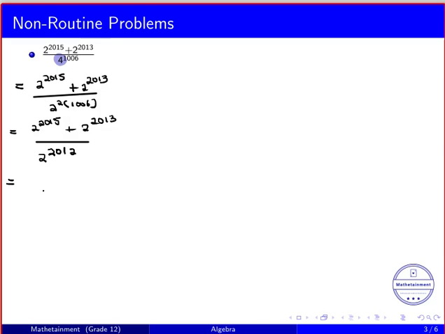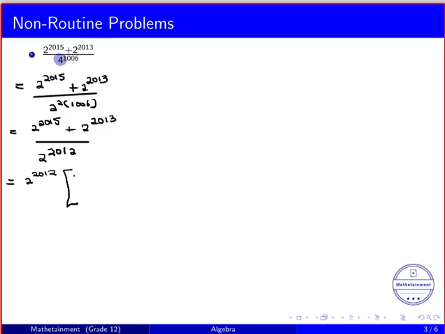Now we have to take out our common factor. Let us take 2^2012 as our common factor. Open the square bracket. Remember what I said: when you take out the common factor, for the remaining expression, you divide each and every term by your common factor.